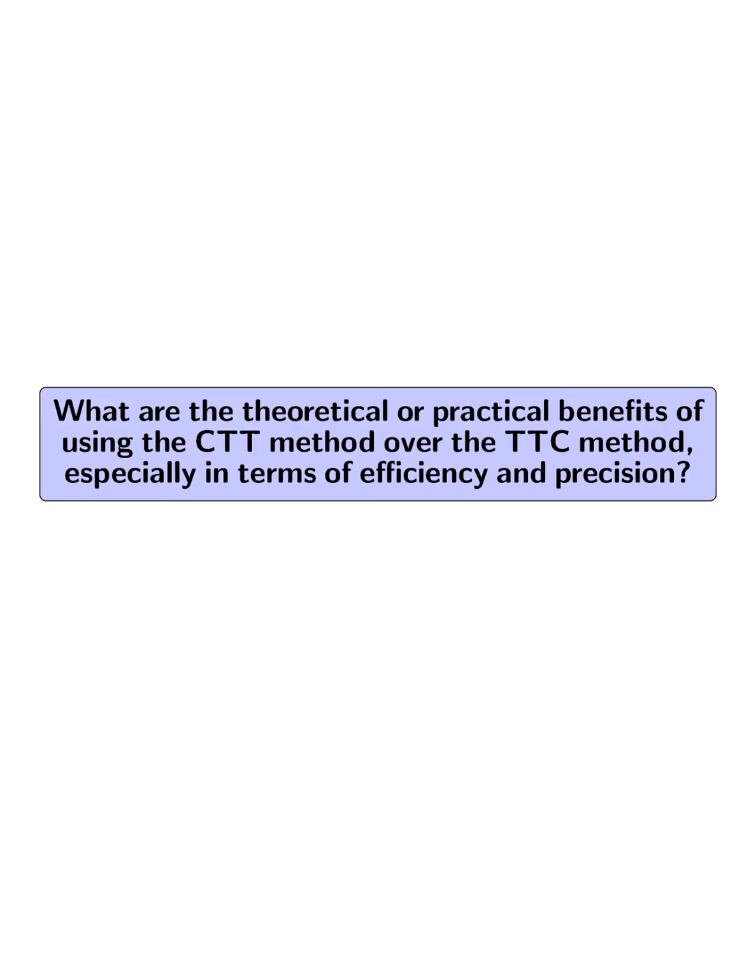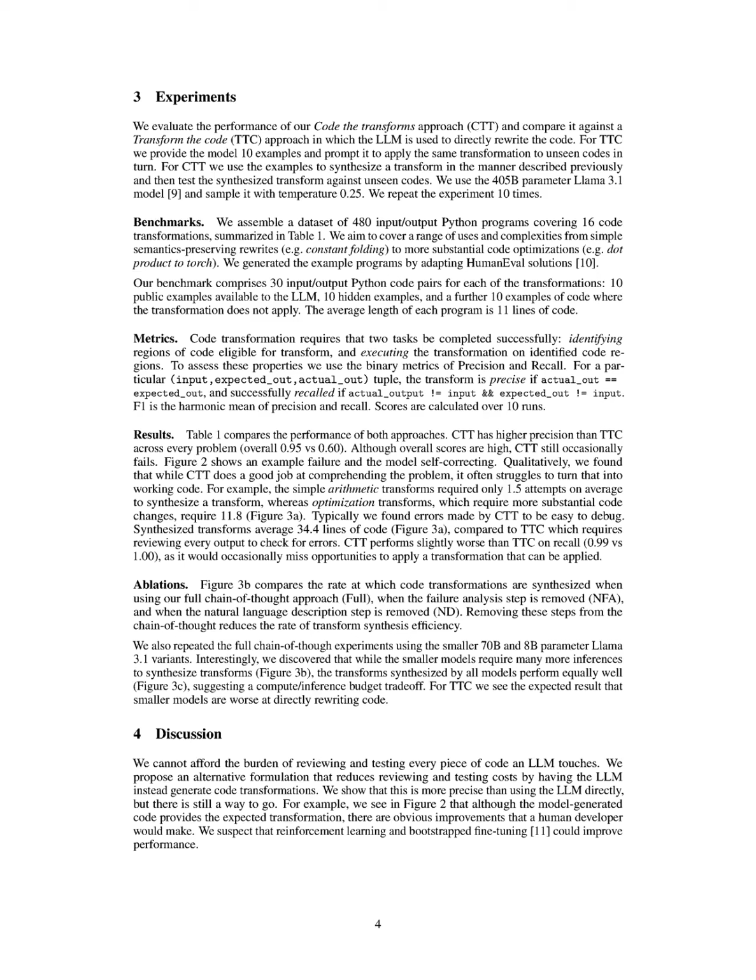What are the theoretical or practical benefits of using the CTT method over the TTC method, especially in terms of efficiency and precision? The CTT method demonstrates significant theoretical and practical benefits over the TTC method, particularly in terms of efficiency and precision.